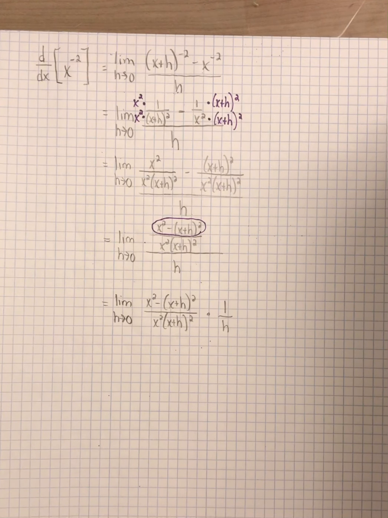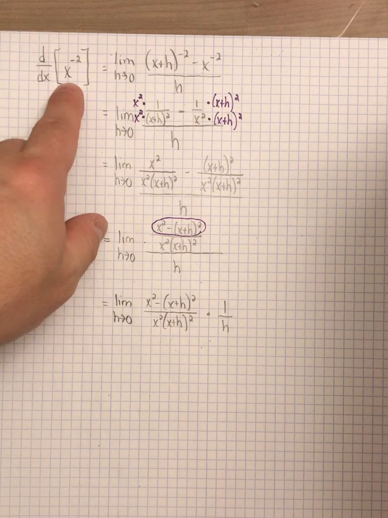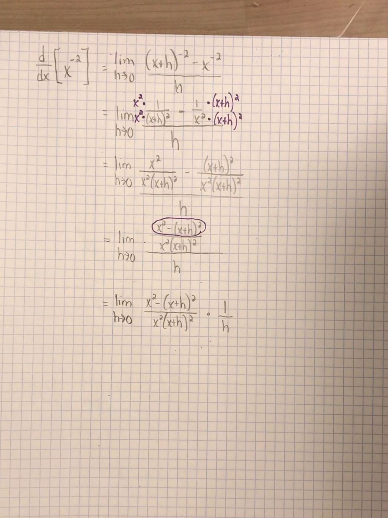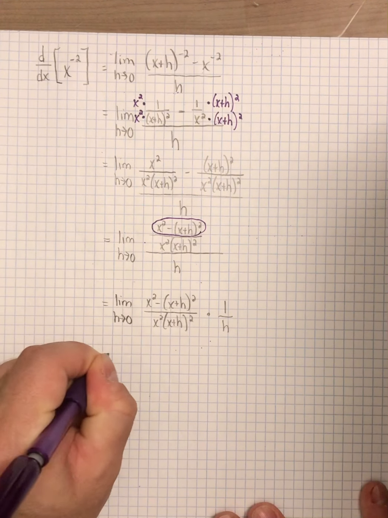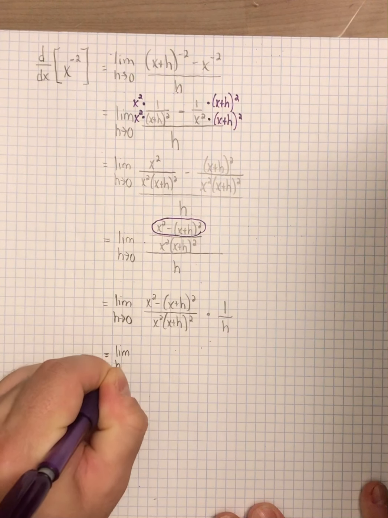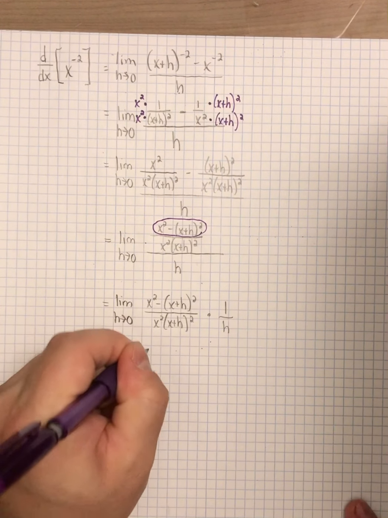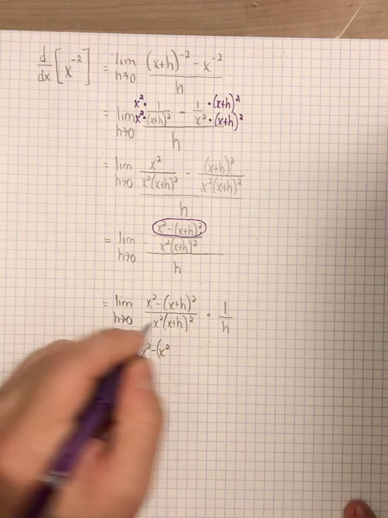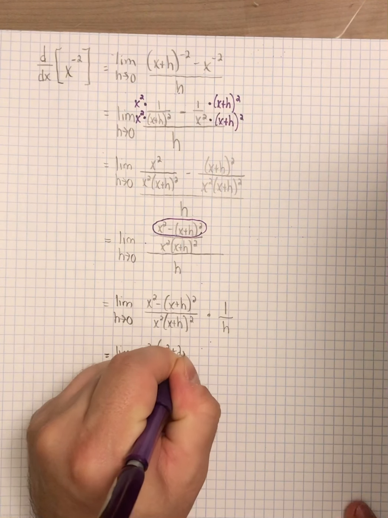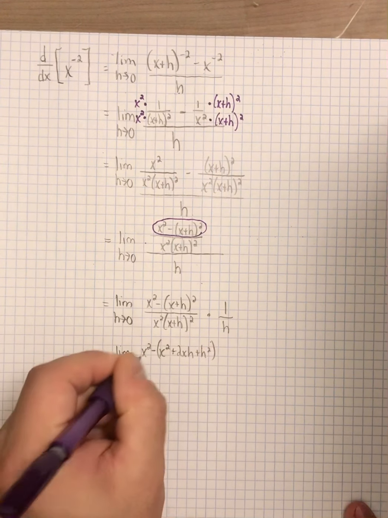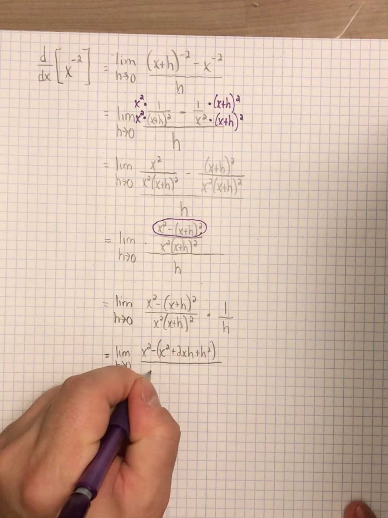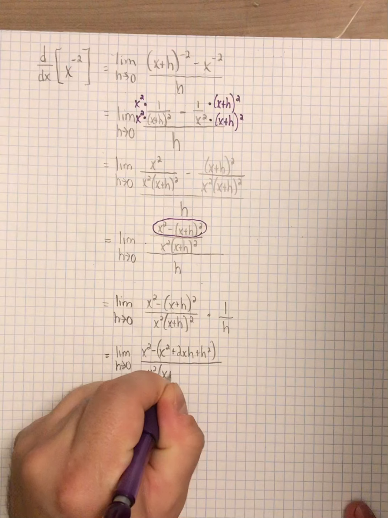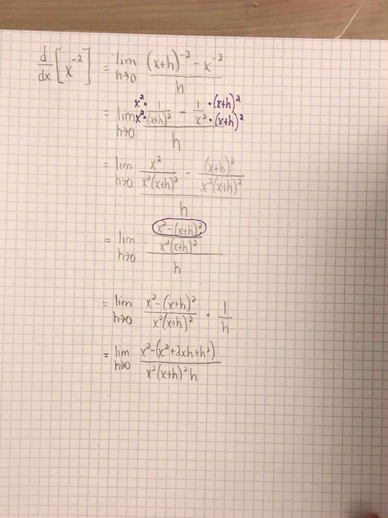So if you work through this the rest of the way, you will get to a result that does reflect exactly what the power rule would tell you to do if we had just left it in its original form. Let's finish that out. So we have x squared, and then the expansion here will become x squared plus 2xh plus h squared all over x squared times x plus h squared times h.